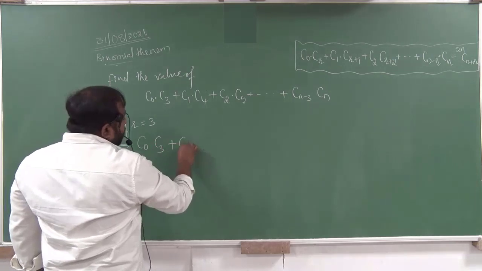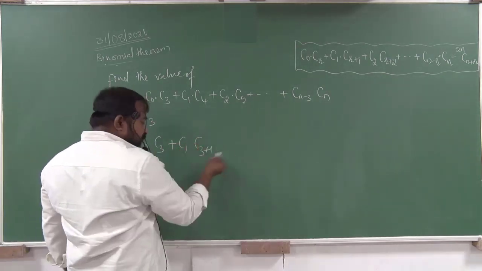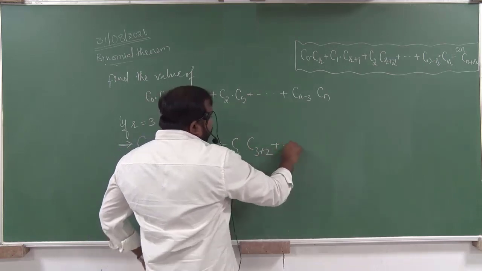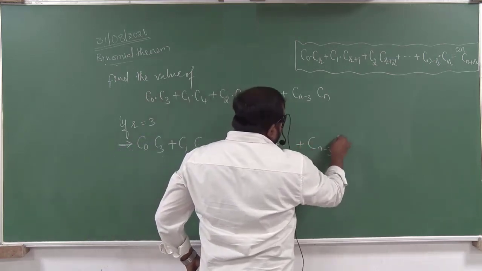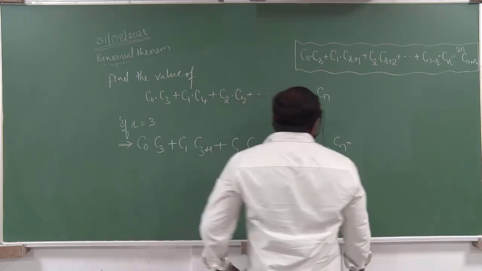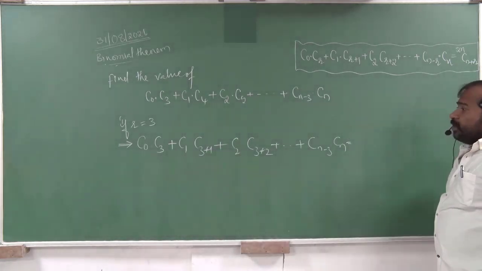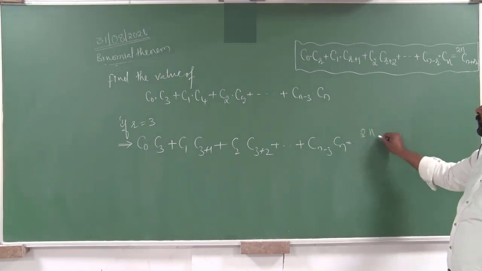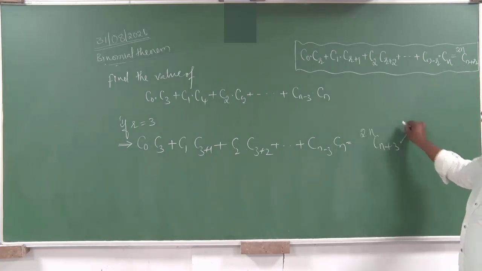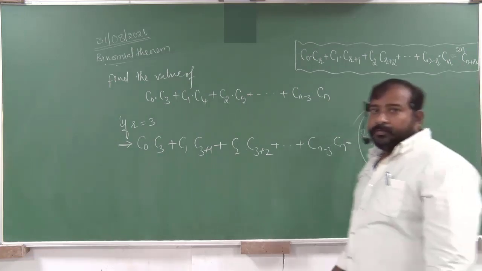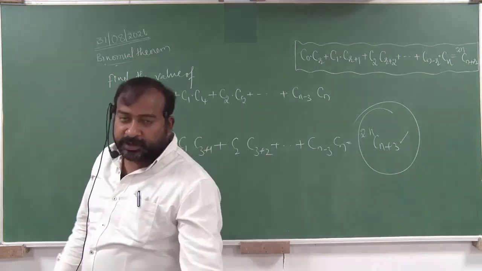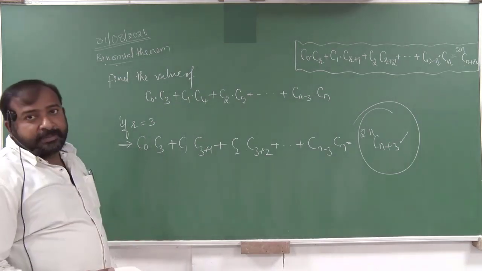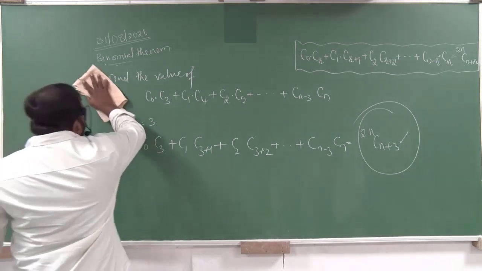C0 into C3 plus C1 into C4 plus C2 into C5 plus and so on plus Cn minus 3 into Cn, with r as 3, the total value will be 2nC n plus 3. So simple, only one step, basing on the previous theorem. Okay. Next.